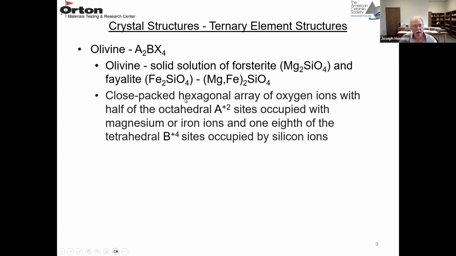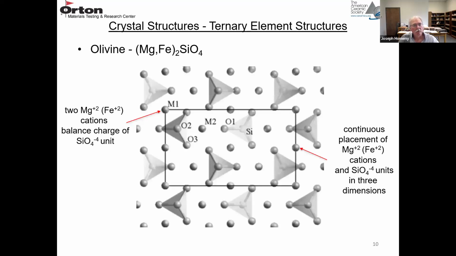So this is a close-packed hexagonal array of oxygen ions with half of the octahedral A+2 sites occupied with either magnesium or iron, and then 1/8 of the tetrahedral B+4 sites occupied by silicon. So this is the olivine structure. You can see these are the oxygens.